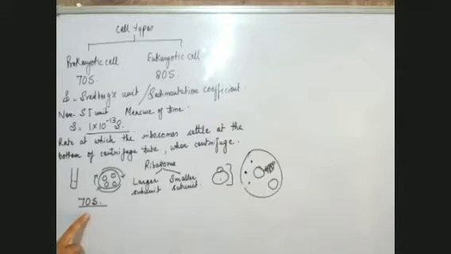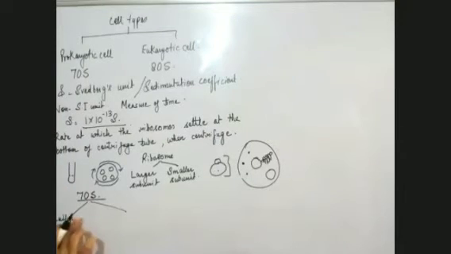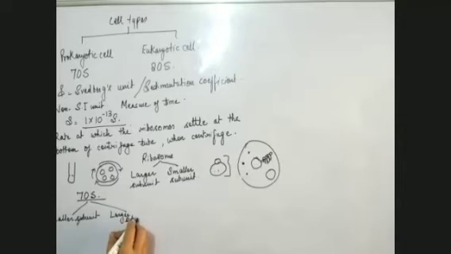So when we say in prokaryotes, the ribosome is 70S, it will have a smaller subunit and a larger subunit, and together it will make 70S.